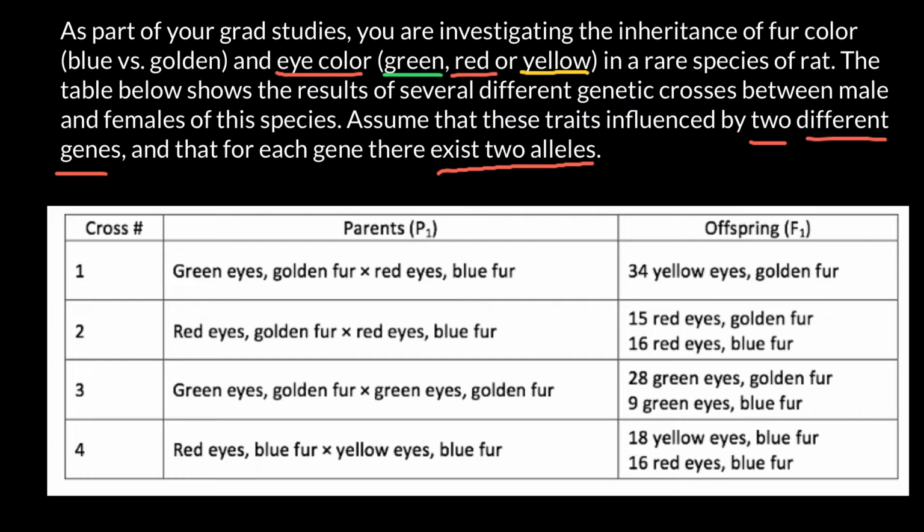Let's assume, for example, that green eyes is the dominant trait, so these mice have to be homozygous dominant. And let's assume that red eyes is the recessive trait, and the genotype would be homozygous recessive. In the progeny we see that 100% have yellow eyes.